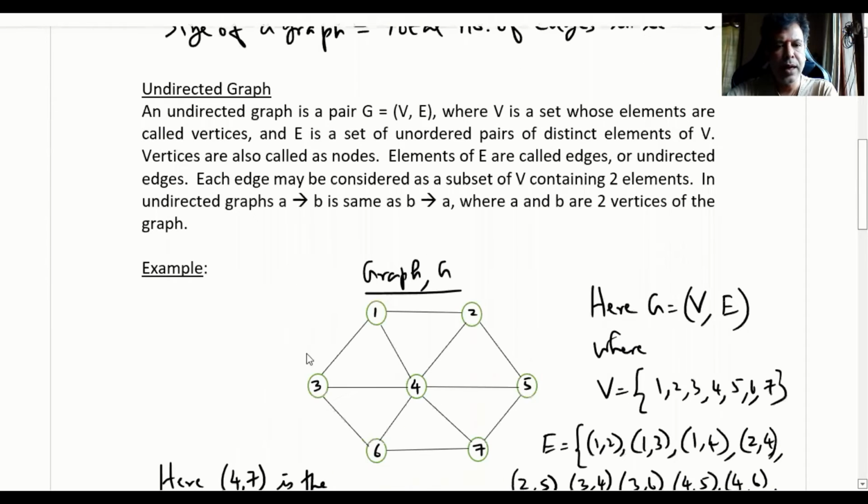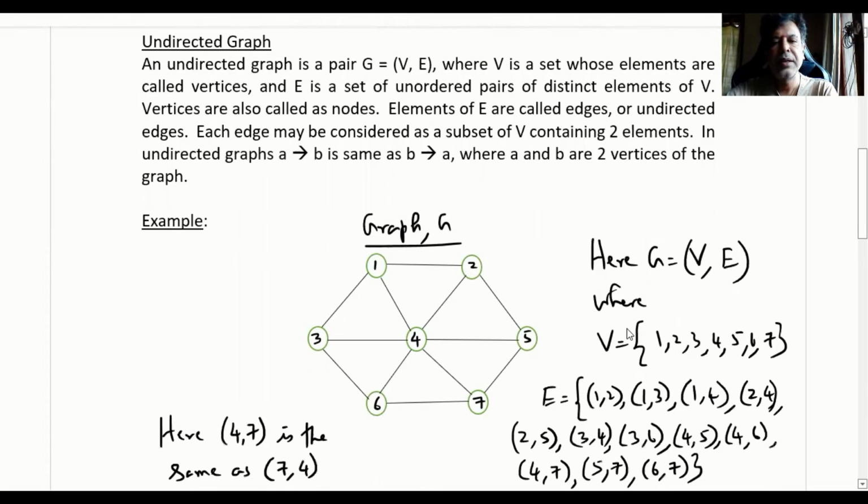So this is also an undirected graph example having 7 vertices. Here capital G is defined as V comma E, where V is 1, 2, 3 up to 7, and the edges are 1 to 2, 1 to 3, 1 to 4, then 2 to 4, 2 to 5. So you can write them as unordered pairs: 1 comma 2, 1 comma 3, 1 comma 4, 2 comma 4, 2 comma 5.